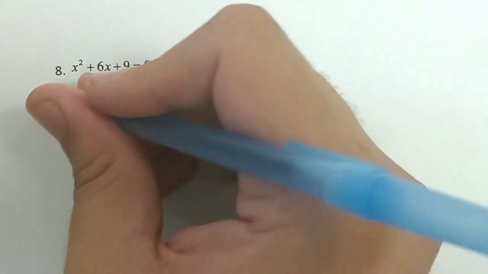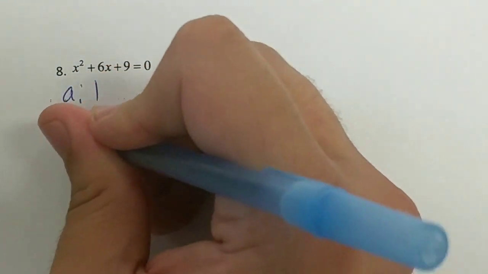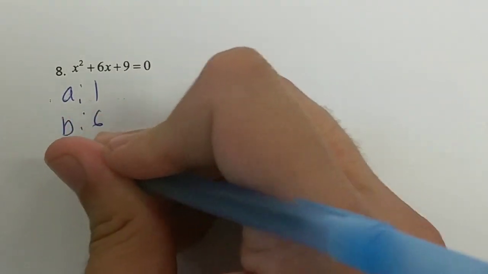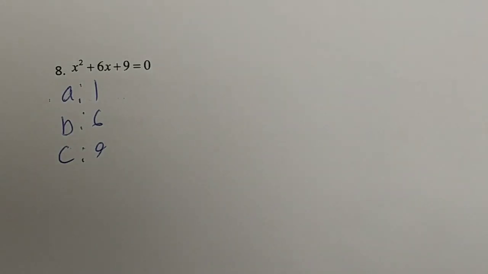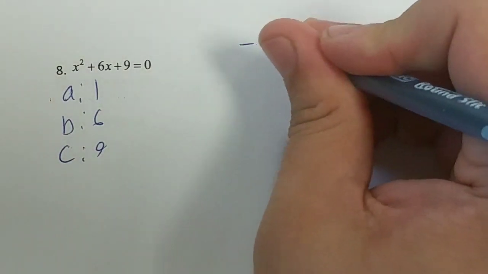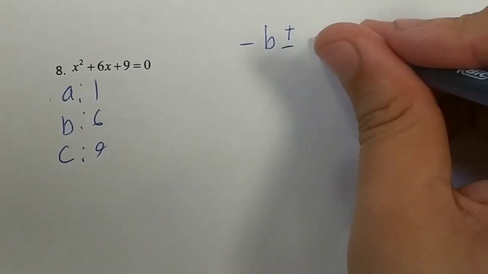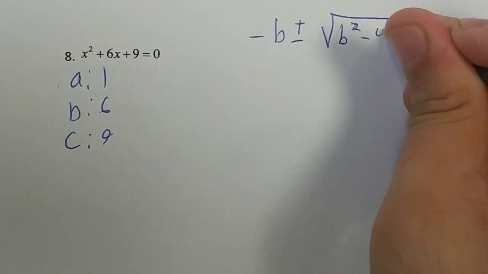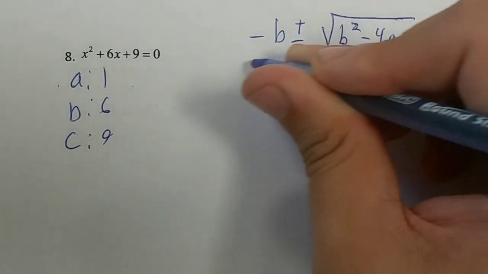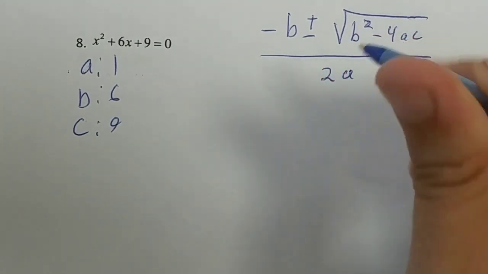All right, next one. Same deal. a equals 1, b equals 6, c equals 9. Negative b plus or minus, everyone with me, square root of b squared minus 4ac over 2a.